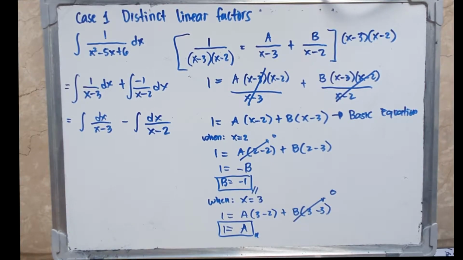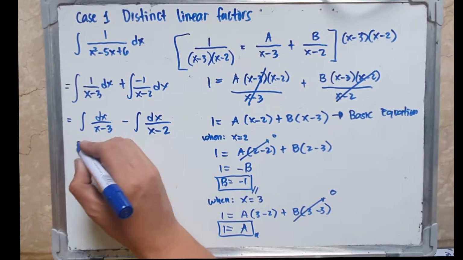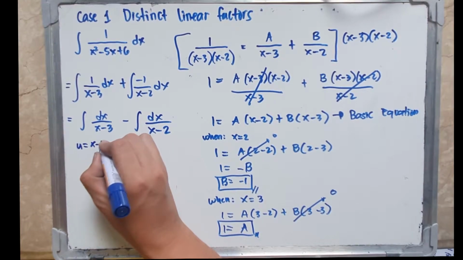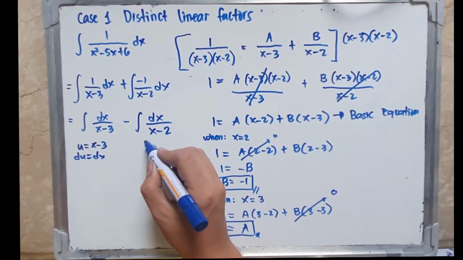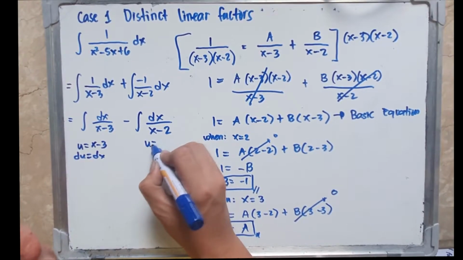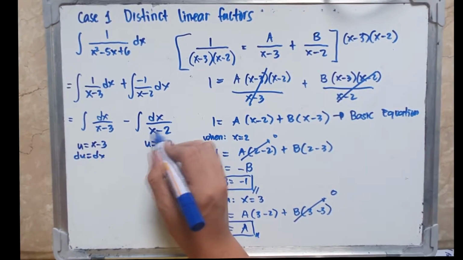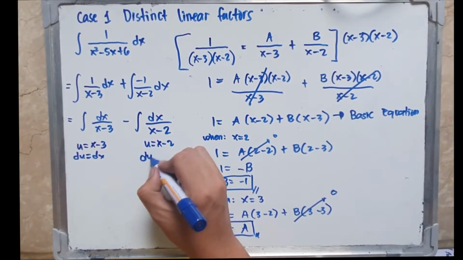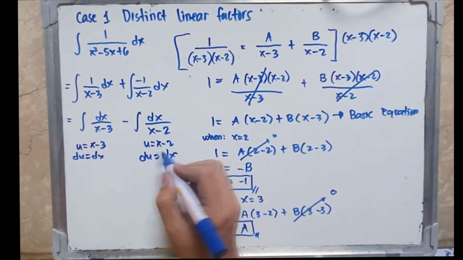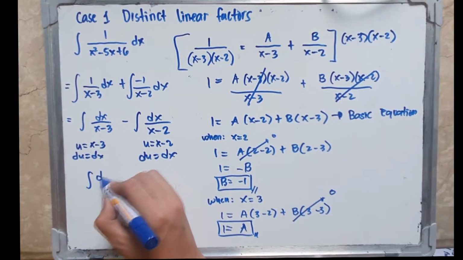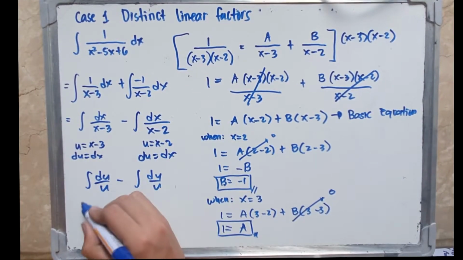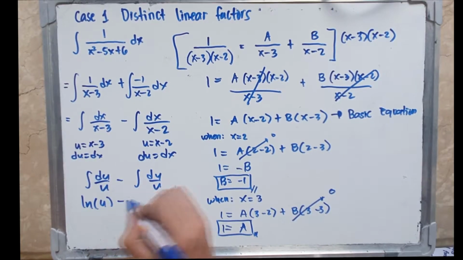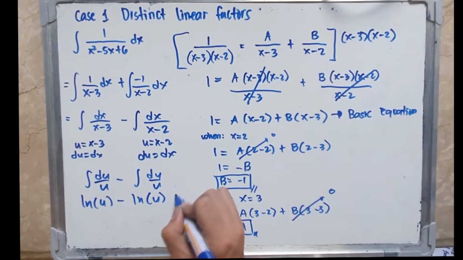Okay. So if we consider u as x minus 3, the du is obviously dx right here. And if we consider u as x minus 2 for this part, the derivative of u is the dx, the numerator. So we now have the form of du over u minus integral of du over u. That is ln of u minus ln of u plus c.